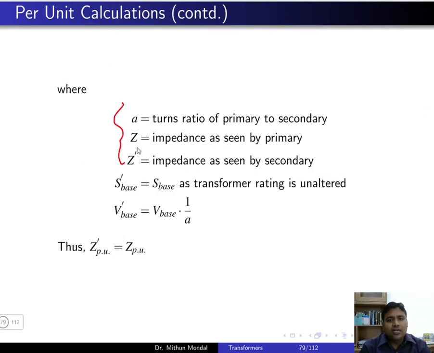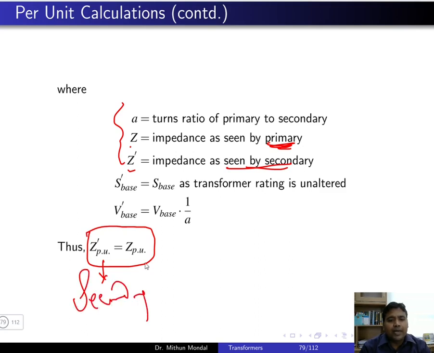Z is the impedance seen from the primary side and Z dash is the impedance seen from the secondary side. So if you calculate the impedance Z per unit either on the secondary side or from the primary side of the transformer, it will be equal. So it doesn't matter whether you are solving the problem from the secondary side or the primary side of the transformer, the Z per unit will remain the same.